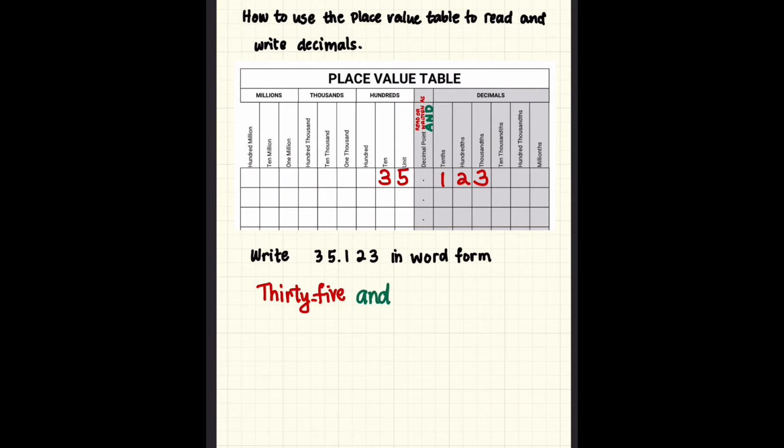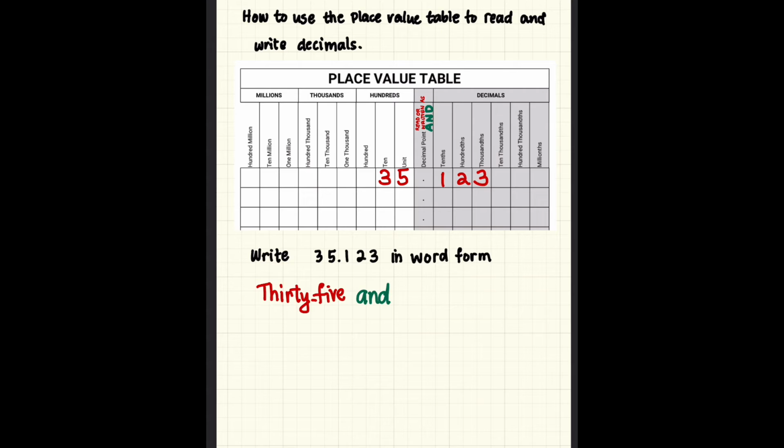And then let's look at the decimals. The decimal, just read it like a regular whole number. So if this was a regular whole number, we read it as 123. The difference is we take the place value of the last digit.